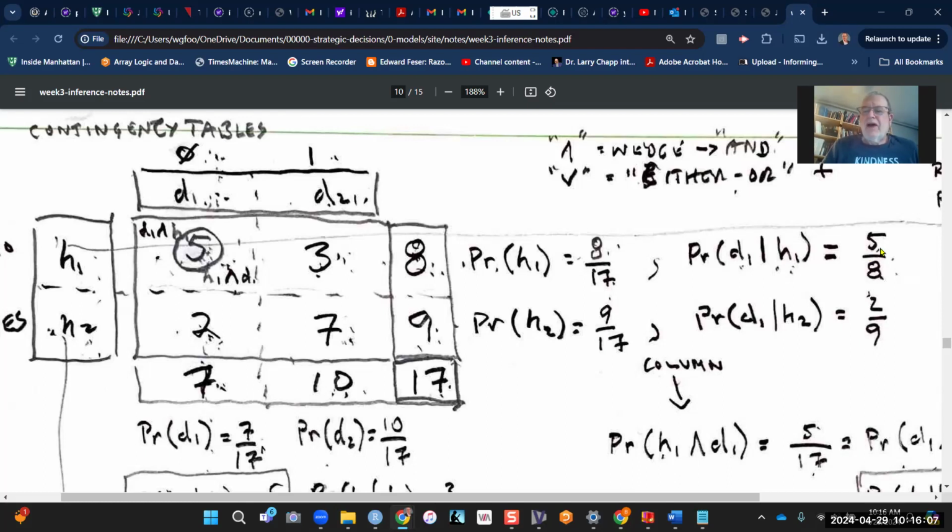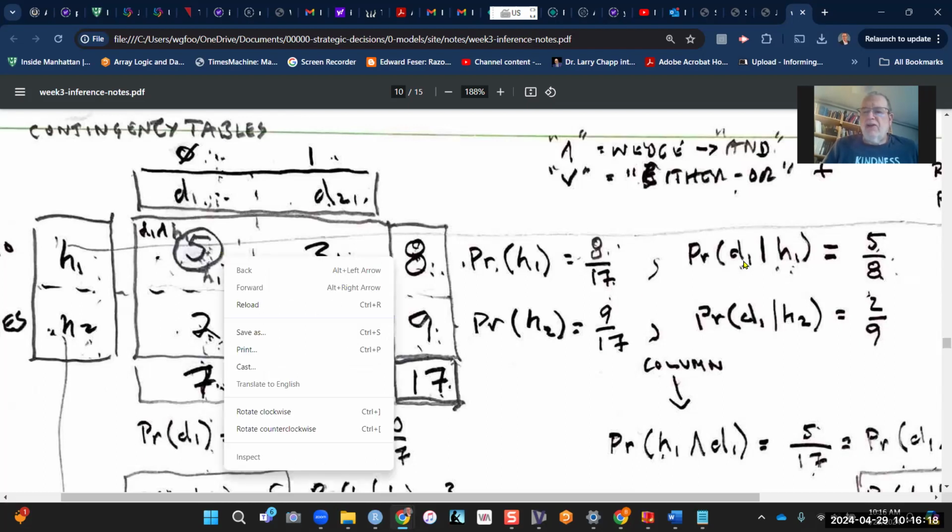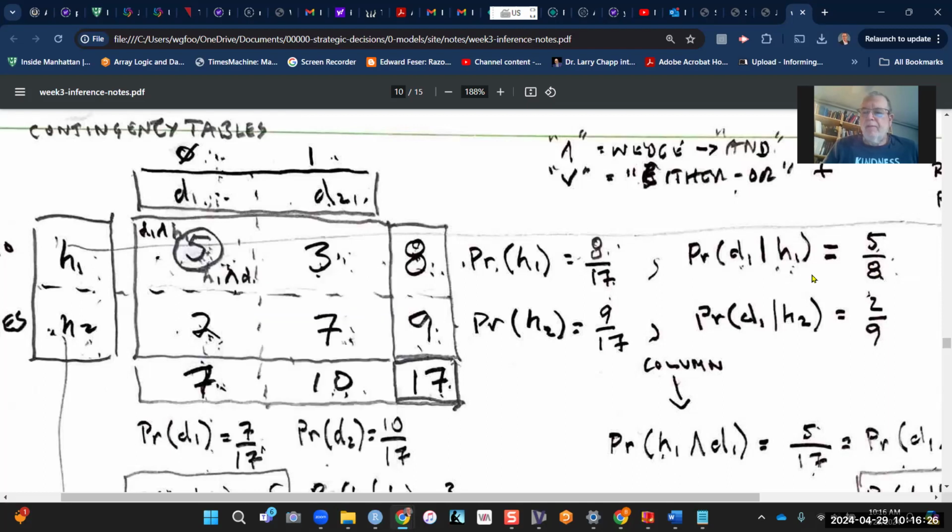Okay, it's 5/8. Now what is that? 5 out of 8 possible ways in which H1 can occur. We see D1. Probability that we see D1 given H1 is, now that's why we're using this piece right there. Okay. Now, the next row, the probability of seeing D1 is 2 ways out of 9.